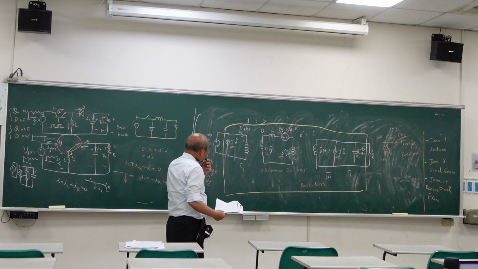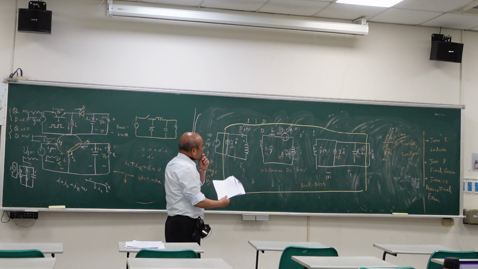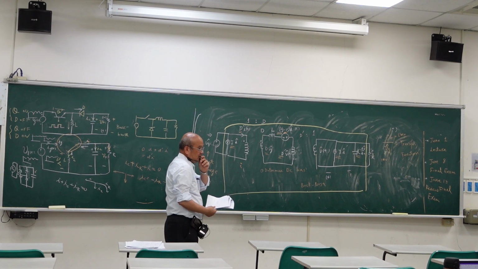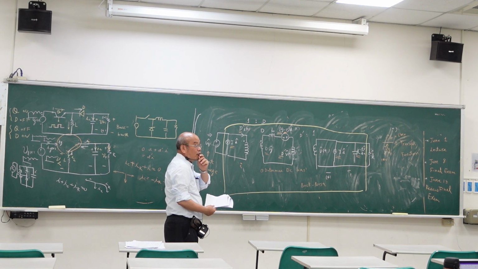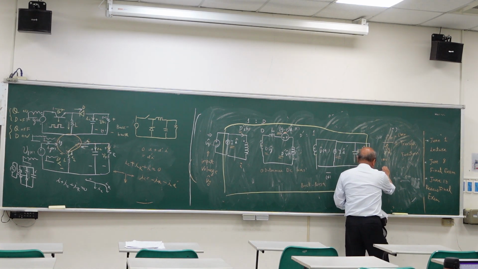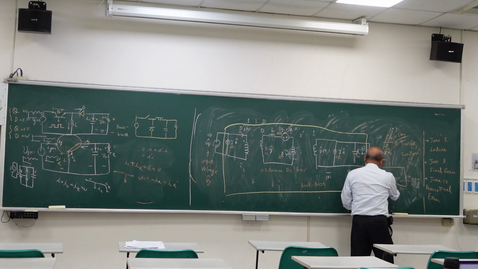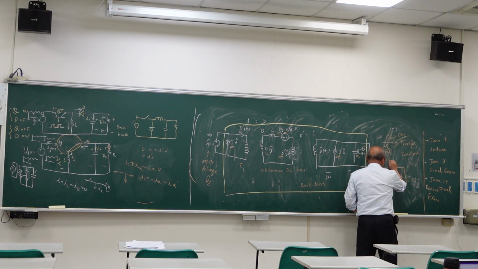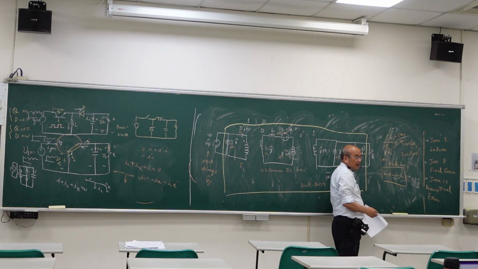So if we use this way, how can we call this modeling? We call this transfer function modeling. So we only think this is buck boost. What is buck boost? A black box. It is a black box.